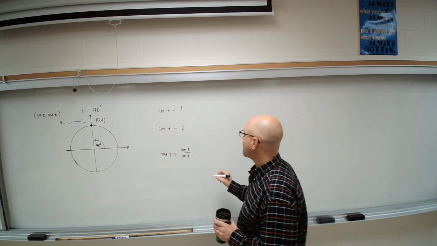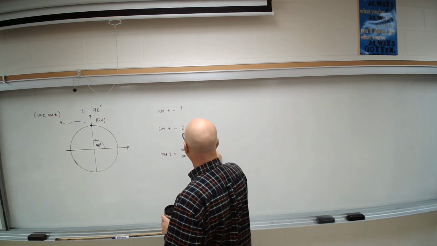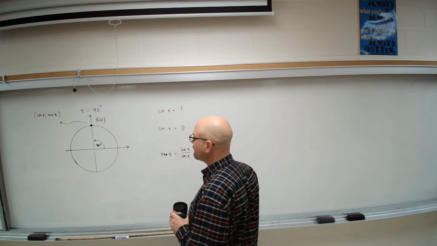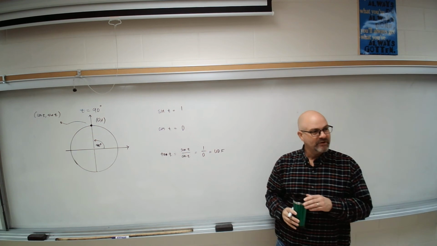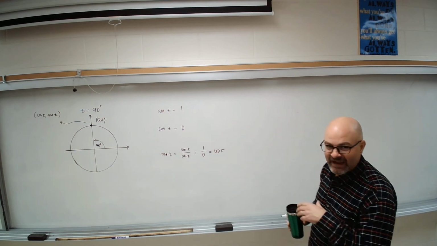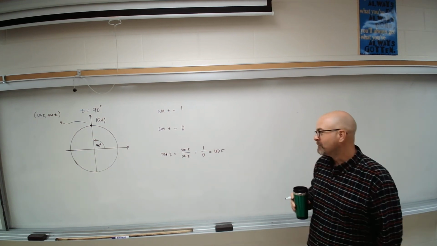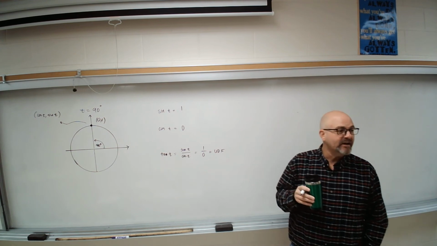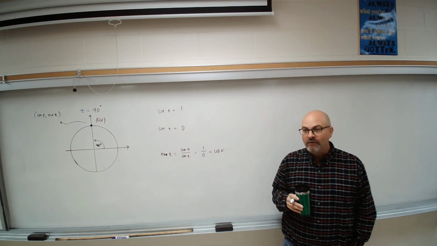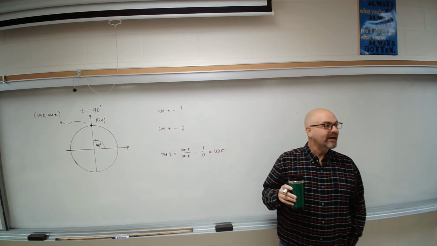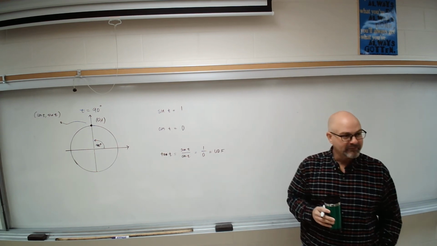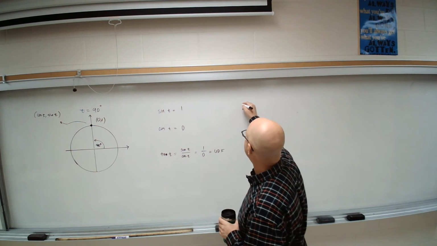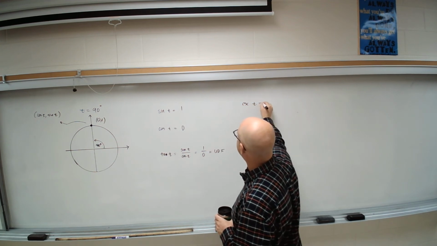So sine over cosine is 1 over 0, which is undefined. And I like to put UDF. It's a local flavor. Delicious malts and shakes, and undefined. Multi-purpose. So however you want to put that, it's undefined. Not 0, and not leave it blank and hope for the best, but you need to write undefined, or you could go with UDF.